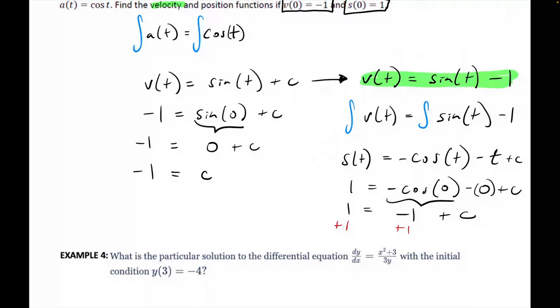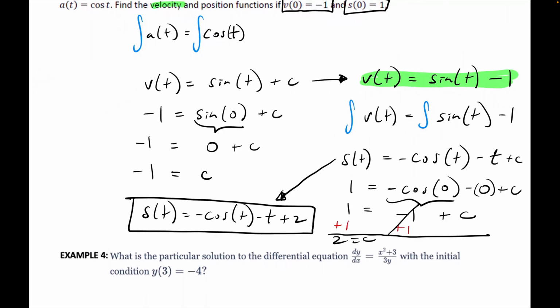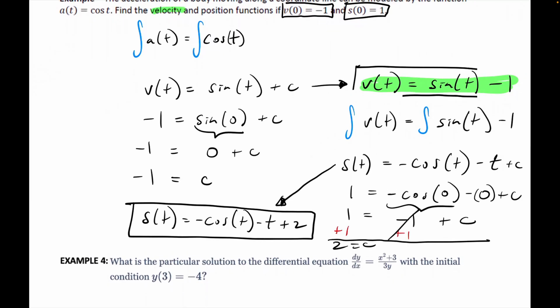Add 1 to both sides. So c equals 2. Okay, so s of t equals negative cosine of t minus t plus 2. And there's position.